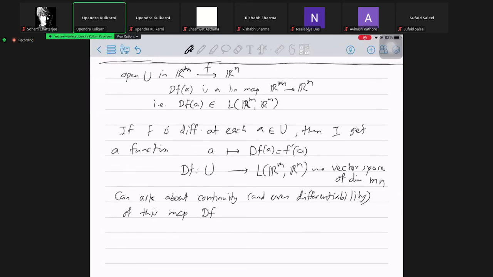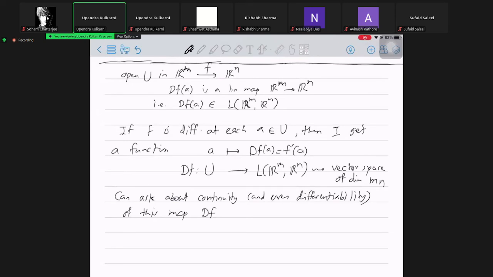So conceptually, some of this is like what you did before. You merely took double derivatives, triple derivatives, whatever, right, in school. So that's what is happening here. But the targets are changing.